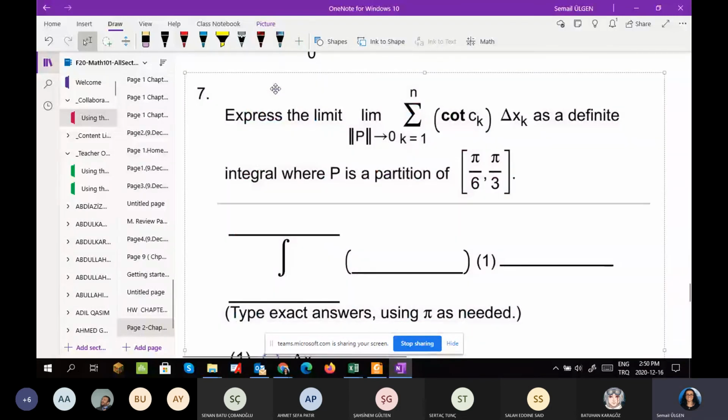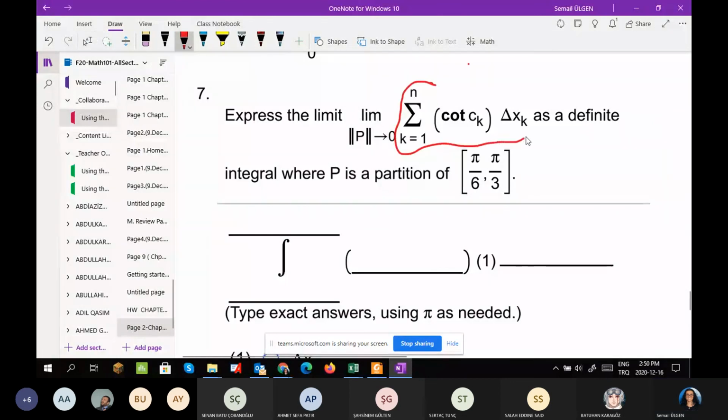Now express the limit as a definite integral where P is a partition of this. We are going to do it as follows. This is the limit of the Riemann sum, and you are taking the limit as n goes to infinity.